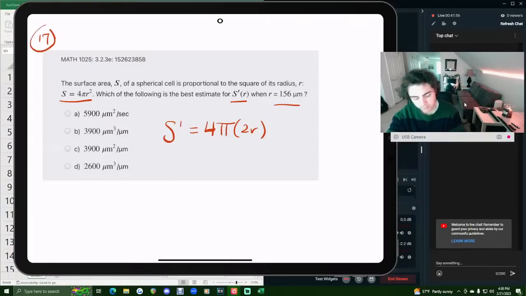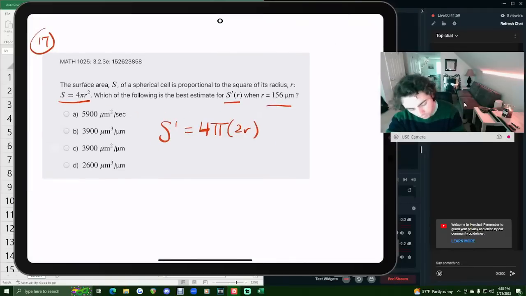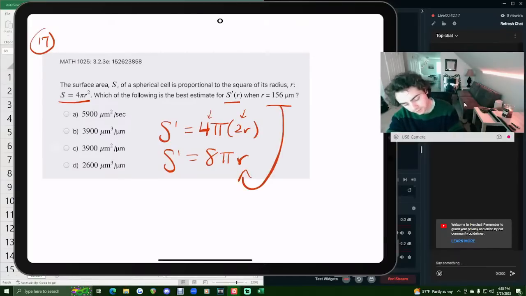So we have 4 pi times 2R. We can multiply the 4 and the 2 to get 8, and then we leave it by the pi times the R. So S prime is just 8 pi R. So that's our S prime, so we just plug in 156 in place of R.